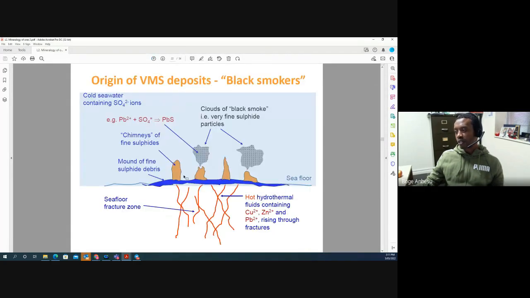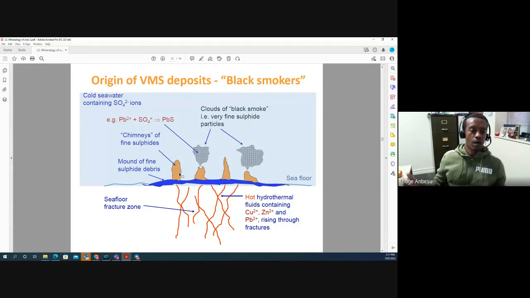So what happens is, over time, the formation of the sulfide, so the lead sulfide in this case, for example, progresses. So it accumulates under the sea and it produces debris or chimneys of very fine sulfides.